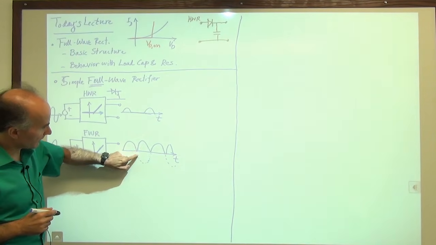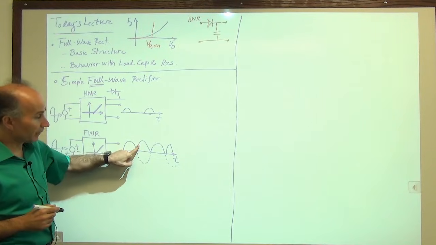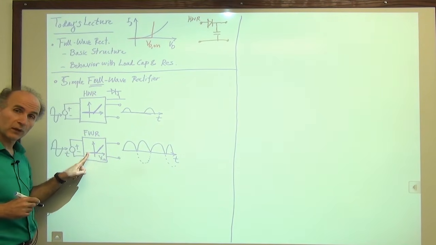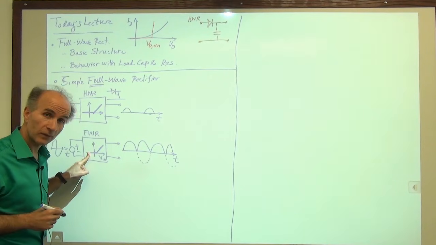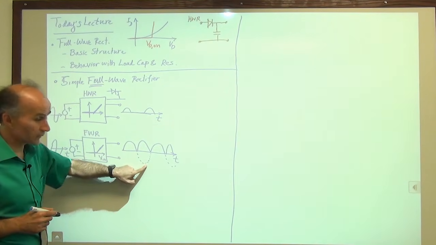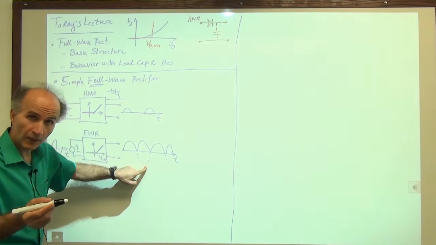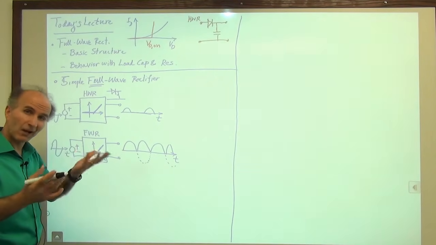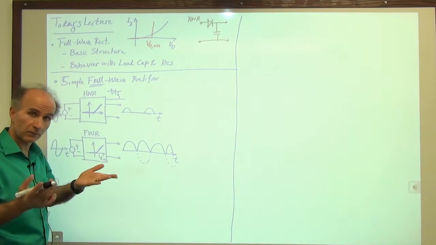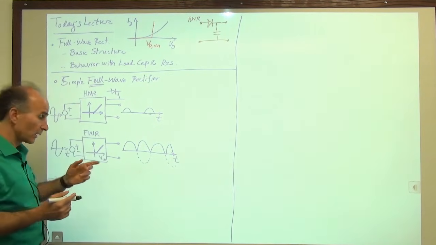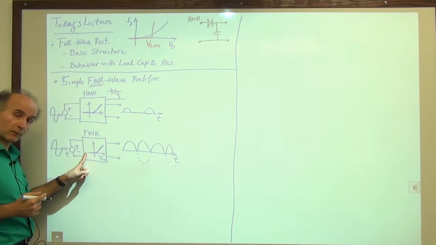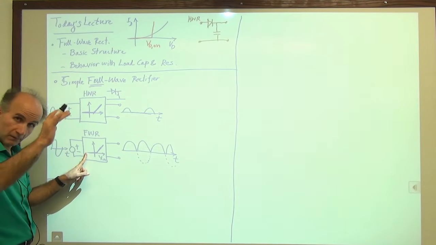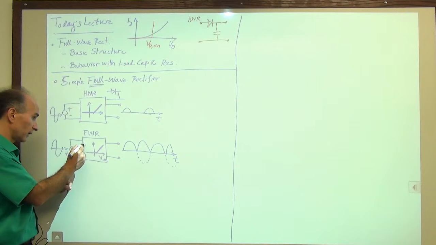When the input voltage becomes negative, we want a positive output voltage. So if I'm here, I would like to have a positive output voltage. So if the input voltage is, for example, minus 5 volts, I would like to have an output which is maybe about plus 5 volts, maybe a little more, maybe a little less. So if the input is at minus 5 volts, I would like to have an output which is about plus some volts. So over here.